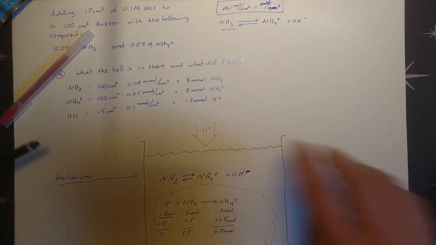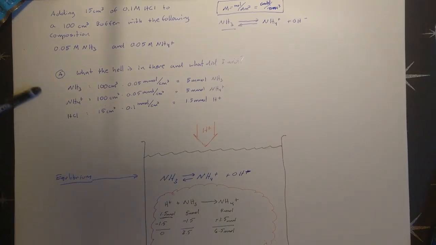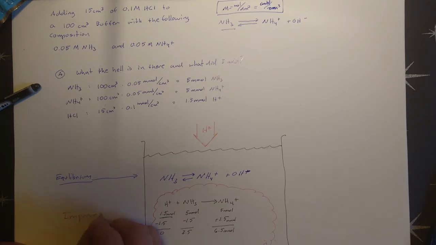And this stuff inside of our thought bubble is the imposed change, right? And the imposed change is the H plus there. And then we have to figure out the consequence. So we need to find consequences.